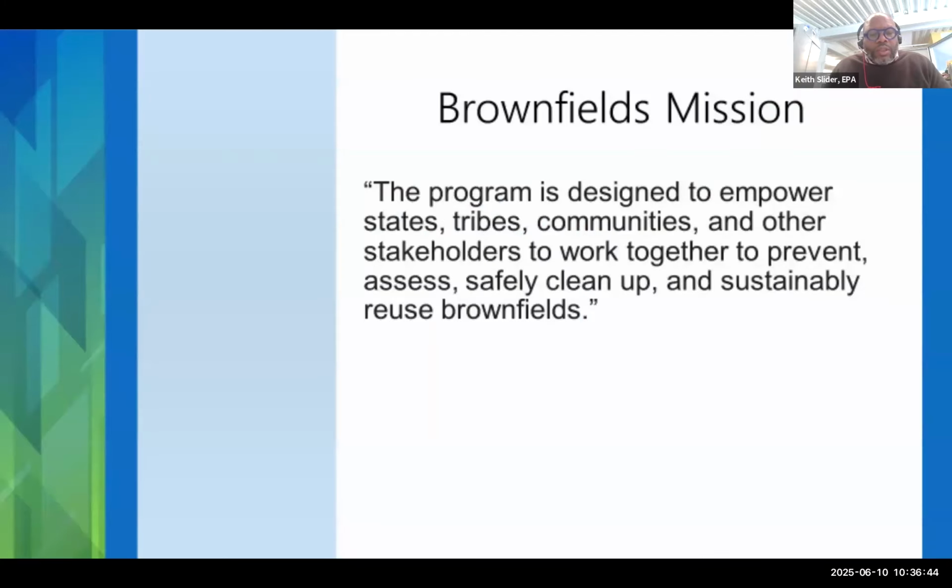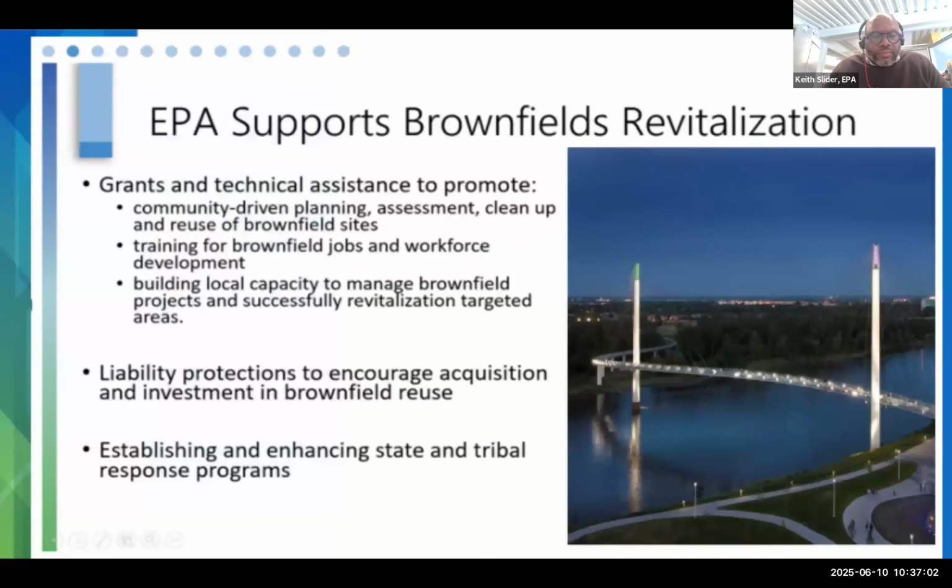The mission of Brownfields is simple: to empower states, tribes, communities, and other stakeholders, including not-for-profit organizations, to work together to prevent, assess, clean up, and provide sustainable reuse of brownfields projects. Next. How do we do this?